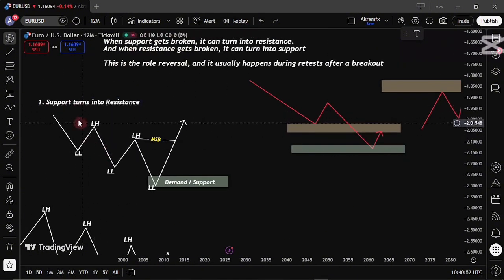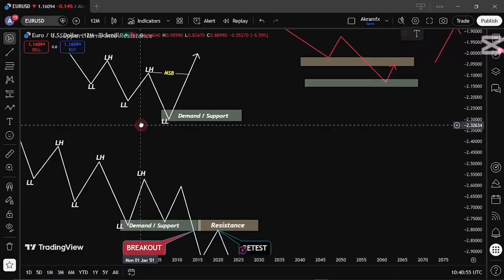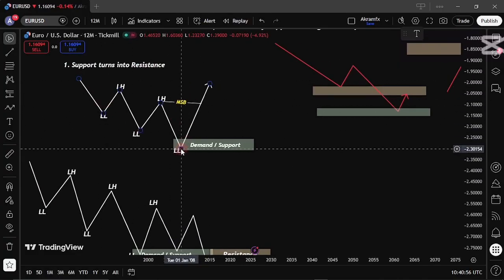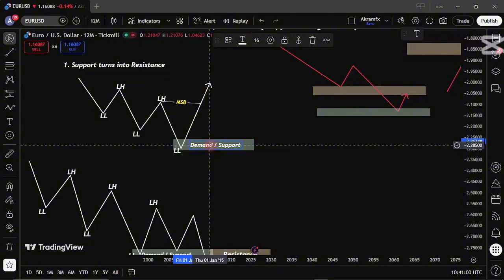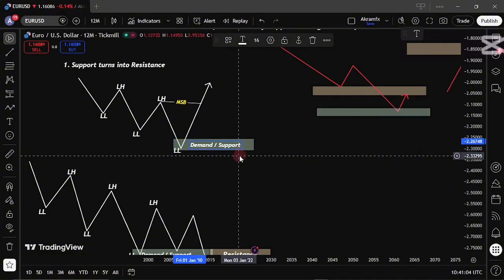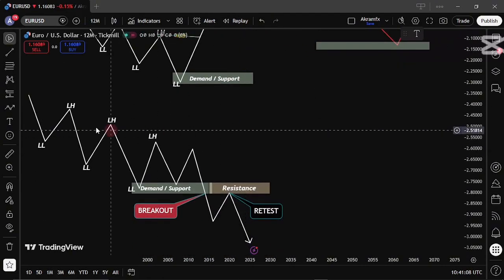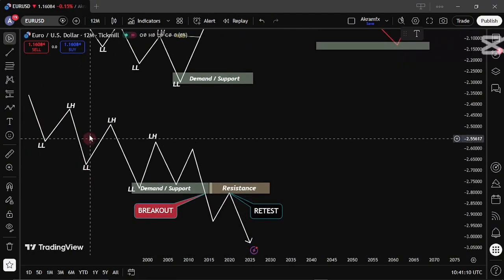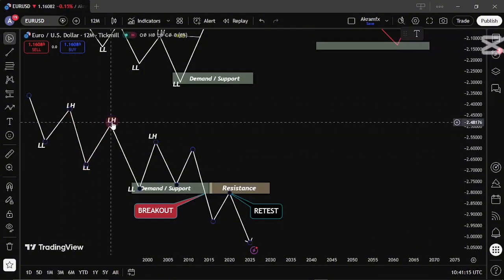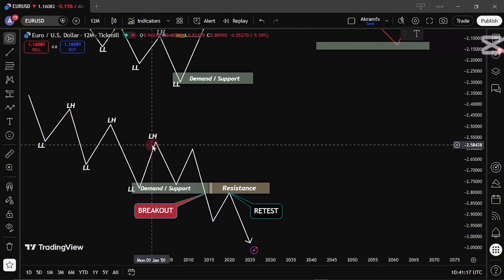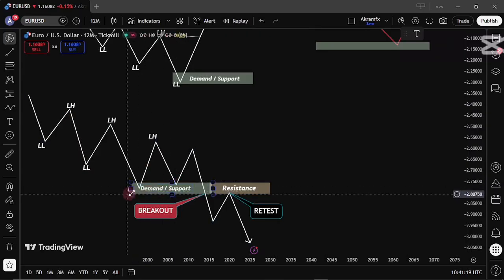Let's see that in detail. How does support turn into resistance? Here is a normal case where the support zone held. But there are scenarios when prices move in a series of lower highs and lower lows, and they got rejected from here.